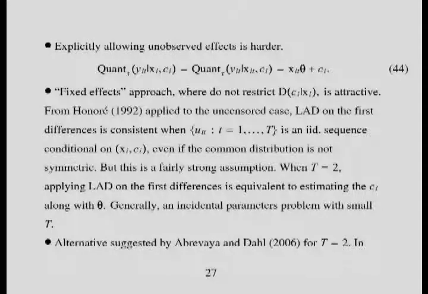Okay. Let me just spend maybe 3 minutes talking about the problems with unobserved heterogeneity. I think it clearly makes sense, even if we only think linear quantile functions are an approximation to reality, to specify models like this, where the quantile is linear in the covariates, and then an additive unobserved heterogeneity.